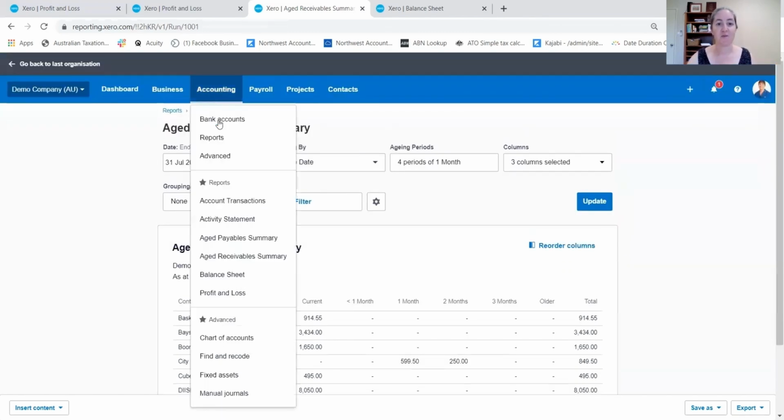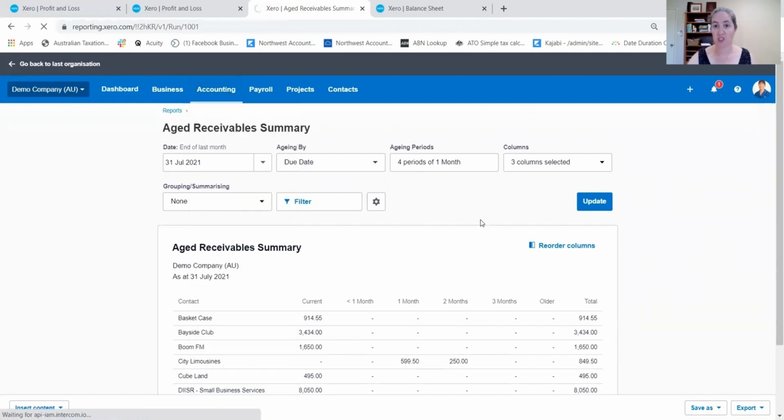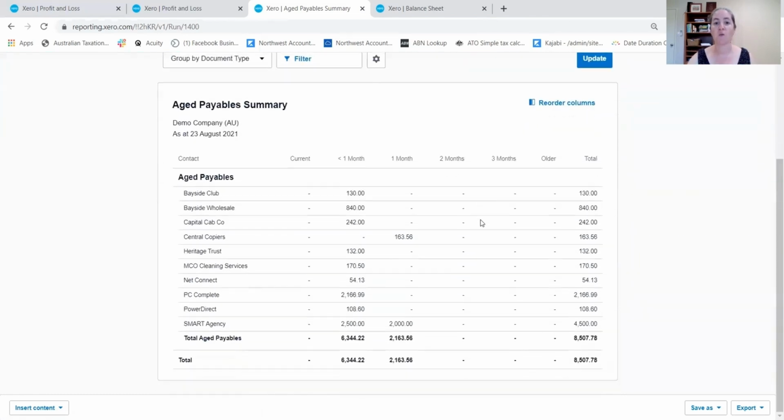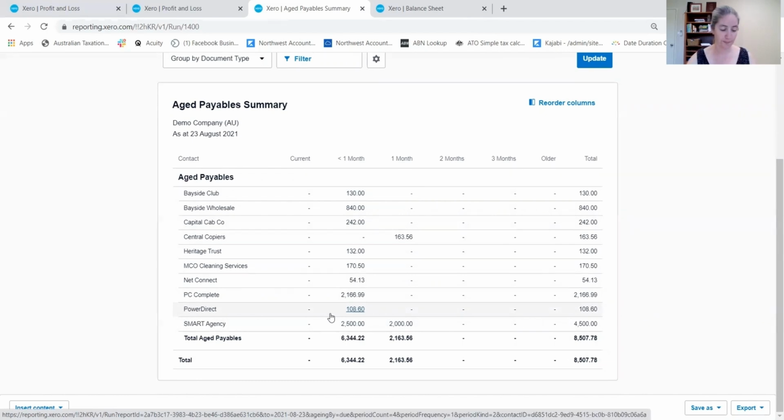And then similarly, with our aged payables, which are our bills that we haven't paid yet, we want to make sure that we're paying them and what's being reported actually makes sense. So it's good to check in here that you've got no duplicates, that there's nothing in here that has already been paid in one way, shape or form.